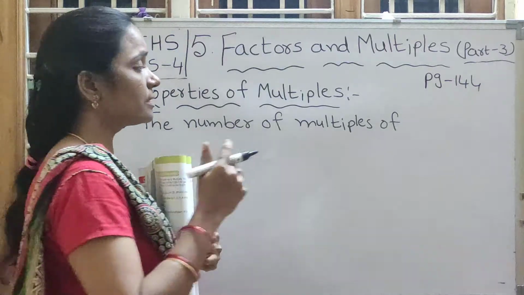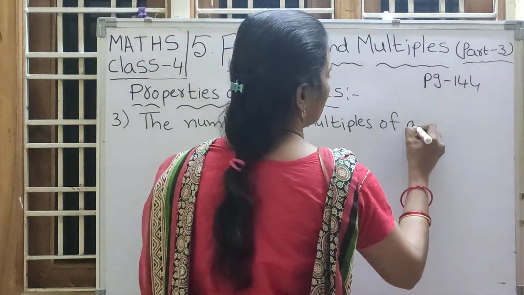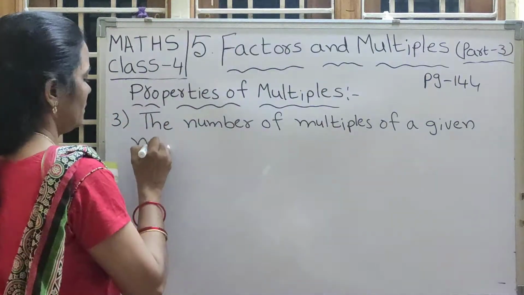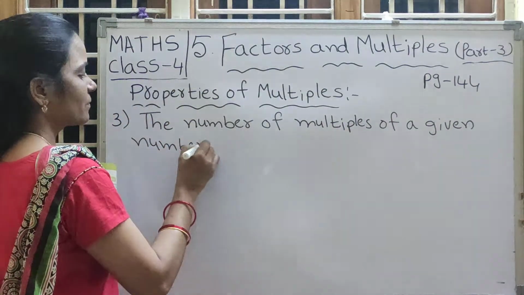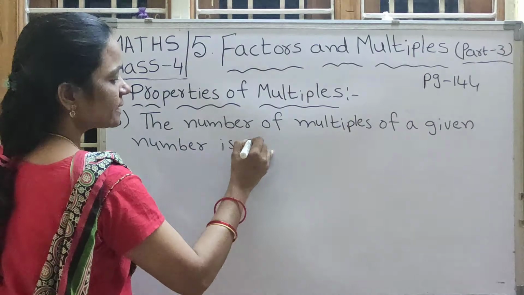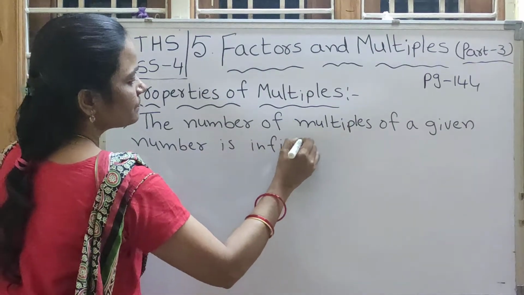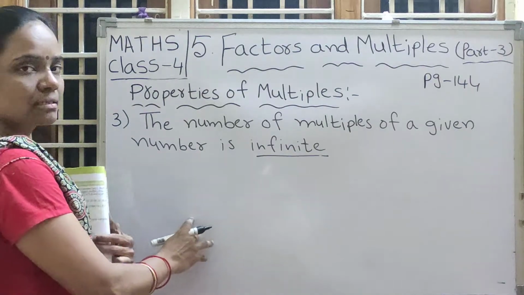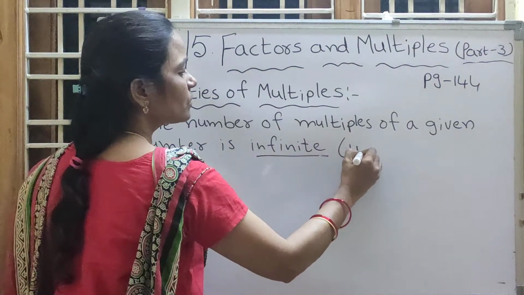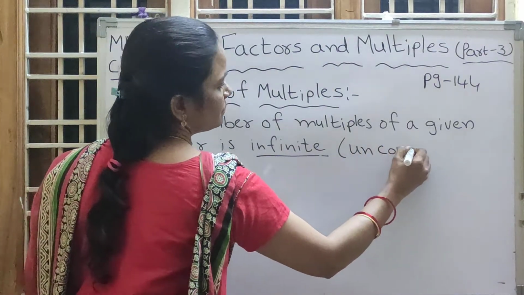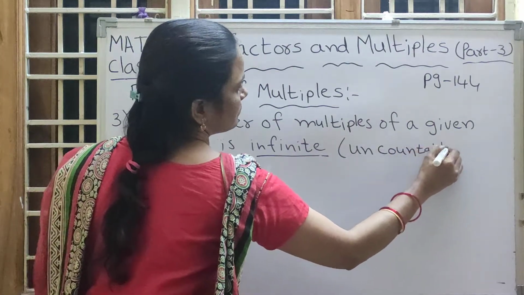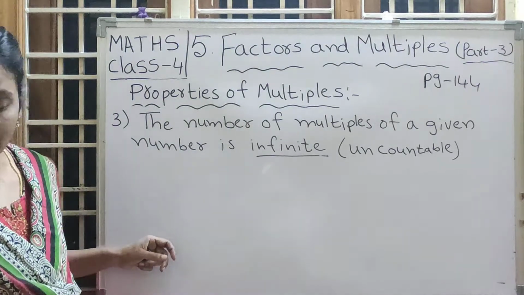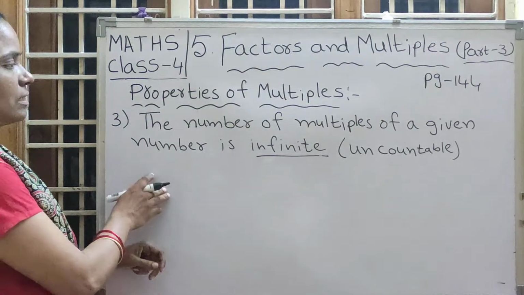Infinite means not countable, uncountable. The number of multiples of a given number is not countable.